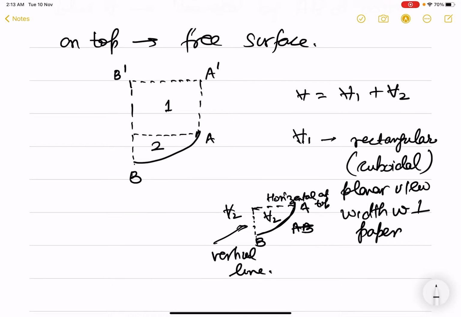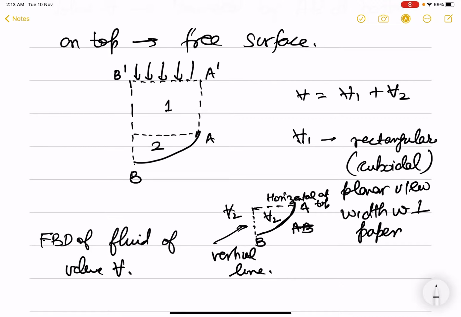Now let us draw the free body diagram of this fluid of volume V. Now what we will have in this free body diagram will be P at the surface times the area A prime B prime, which is quite straightforward, easy to integrate.